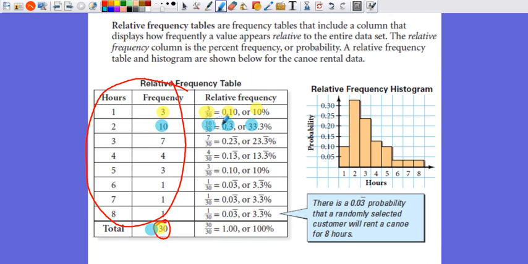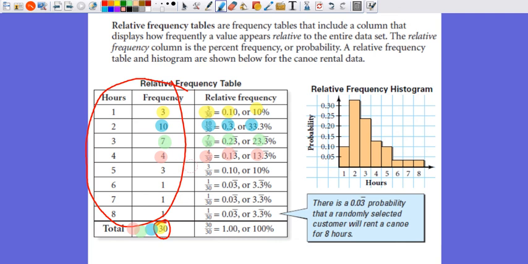You can just use a calculator to verify this. 7 out of 30 is 0.23 repeating, or 23.3%. Let's go one more. 4 out of 30 is 0.13 repeating, or 13.3%. And just keep on following this process all the way down.